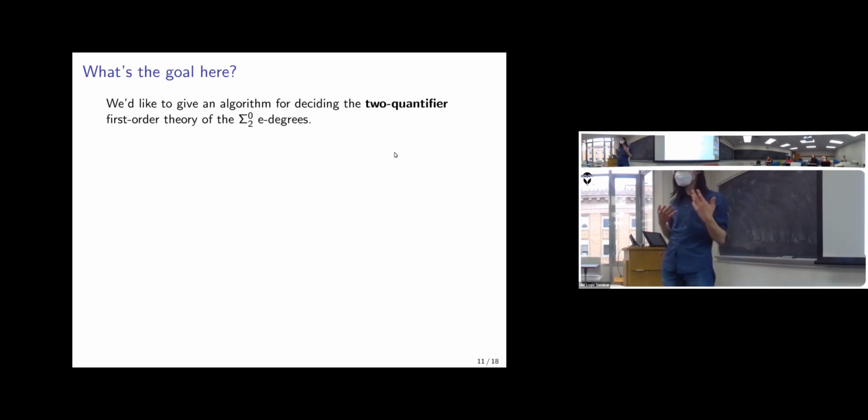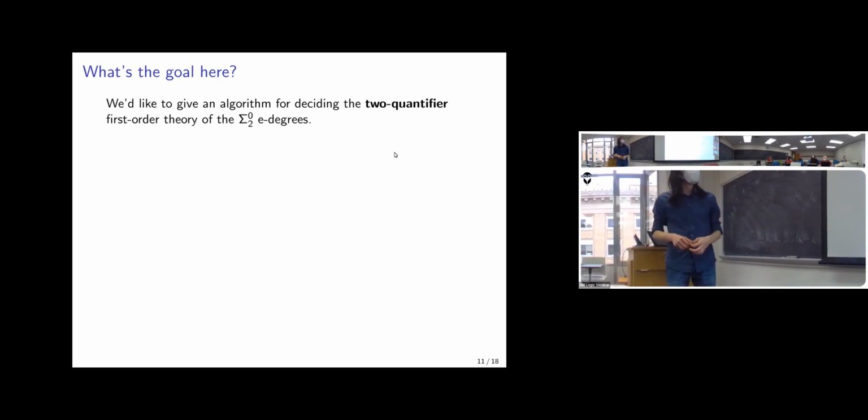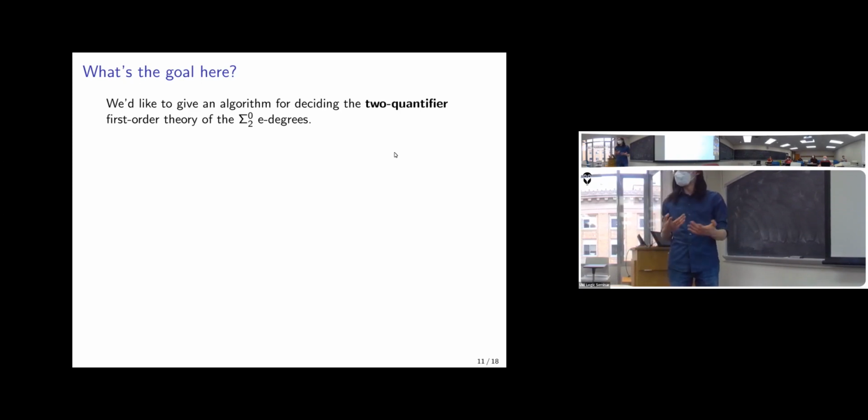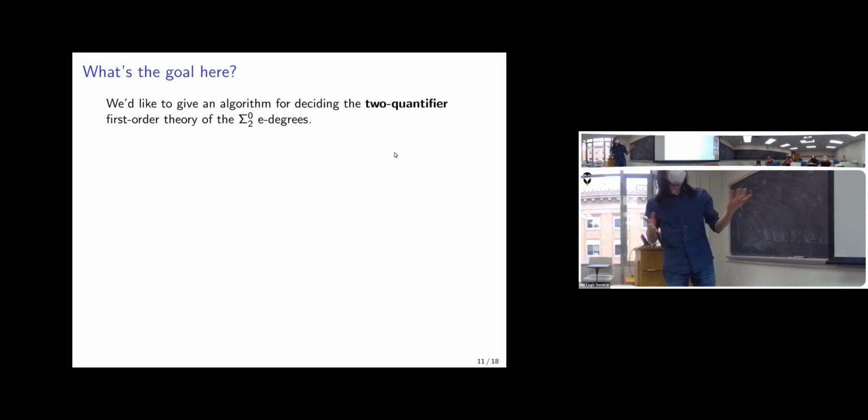So for now, our goal is to find an algorithm to decide the 2 quantifier first order theory of the Sigma 2 E degrees. What that means is that you give me a 2 quantifier sentence in the language of partial orders, and I have to decide for you whether it's true in the Sigma 2 E degrees. So we know that 1 quantifier sentences are decidable, as I discussed earlier, and 2 is the next goal.